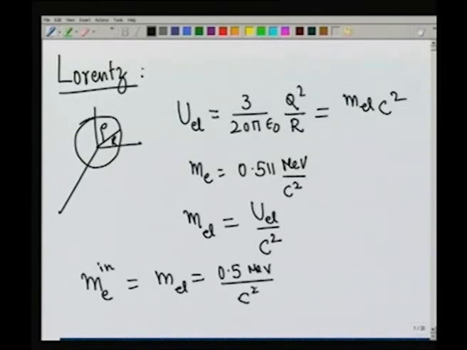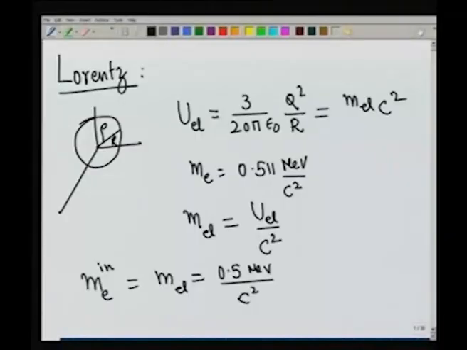This was indeed the temptation that Lorentz had, and therefore Lorentz postulated that perhaps all the mass of the electron is because of the charge distribution over a certain radius r, in a sphere of a certain radius r.